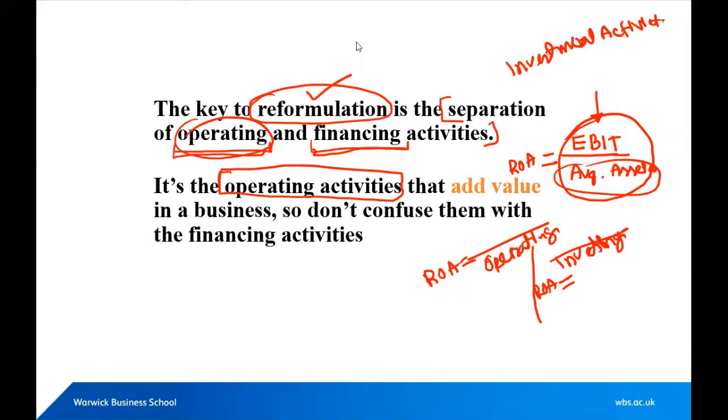Can you write your response in the chat box, what we are going to do for the purpose of reformulation? You got it, obviously, but what are we going to do?